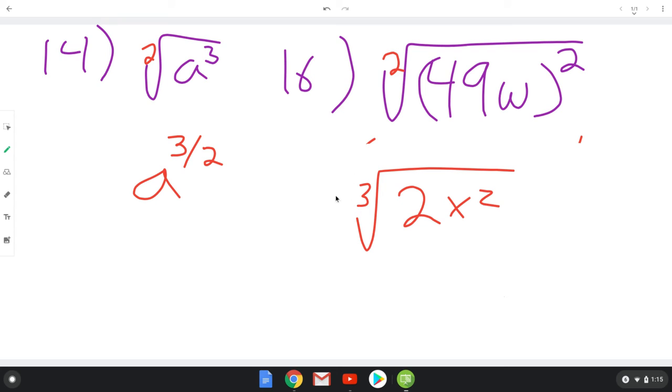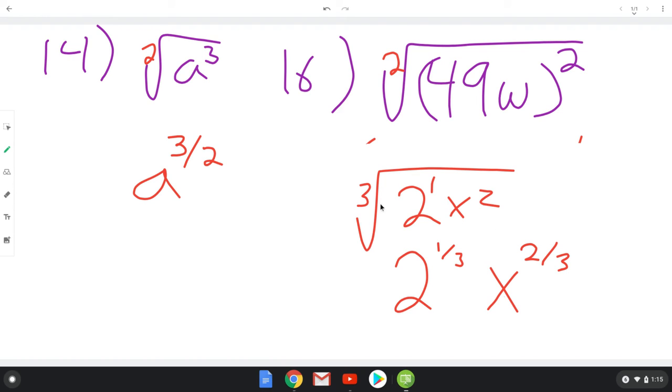First of all, with the cube root, when I rewrite this as an exponential, our denominators are going to be 3. And I say denominators plural because notice that this isn't in parentheses. So the 2 only applies to the x. This 2 has an invisible exponent of 1. So when we make this in exponential form, it becomes 2 to the 1/3 x to the 2/3.